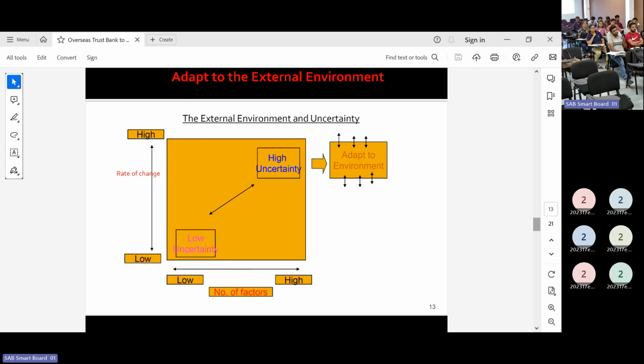Any organization belongs to an industry or a sector. The environment is the sector or the industry. Then the complexity of the industry should be understood. It can be scaled either low or high. Then to match with that, the particular speed of internal change should be determined. It is also either low speed or high speed.